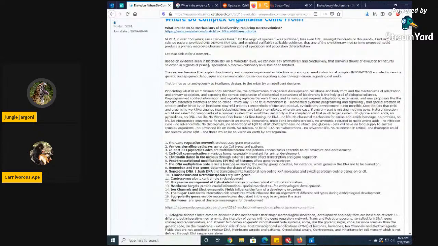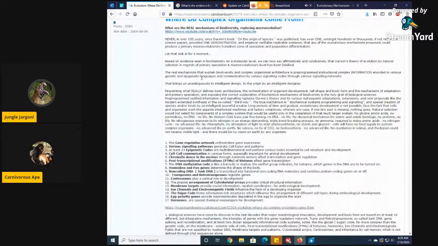So, based on evidence seen in biochemistry on a molecular level, we can now say affirmatively and conclusively that Darwin's theory of evolution by natural selection, in regards to primary speciation at the macroevolutionary level, has been falsified.